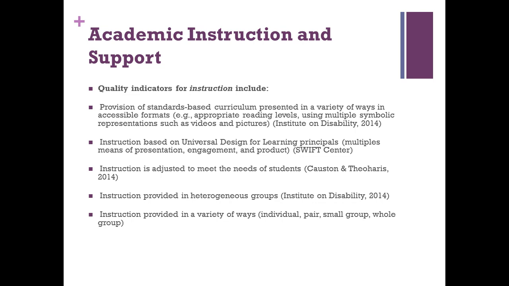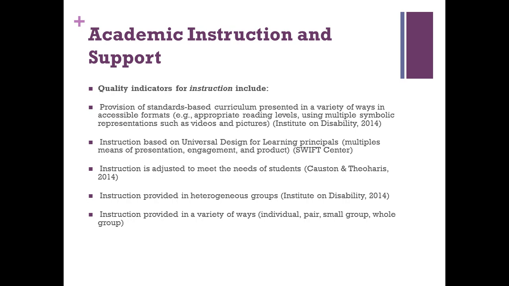The next essential aspect is academic instruction and support. And so this is really big in terms of what makes inclusion work. So some of the quality indicators for instruction include provision of standards-based curriculum presented in a variety of ways and accessible formats.